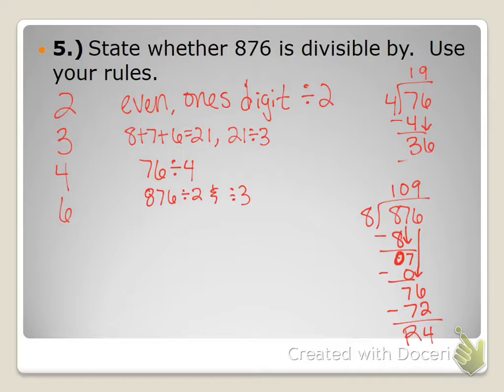What was the sum of the digits? 21. Is 21 divisible by 9? No, so it won't be divisible by 9. Is it divisible by 10? No. Why not? The ones digit is not a 0. Okay, questions about our divisibility rules? Okay, then let's move on.